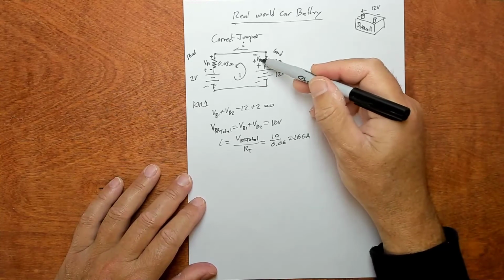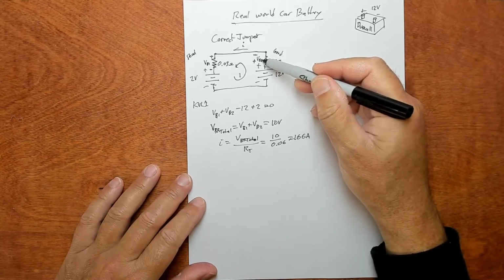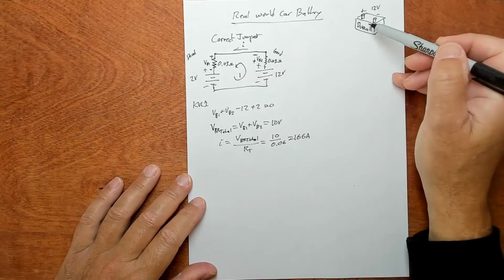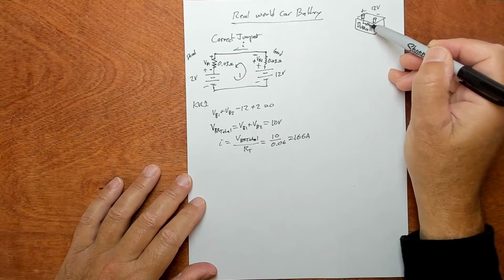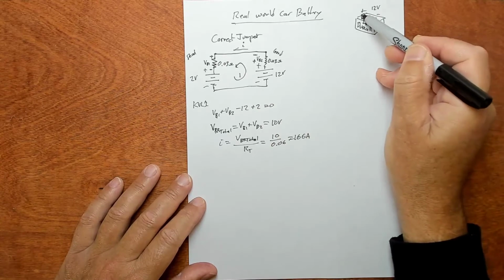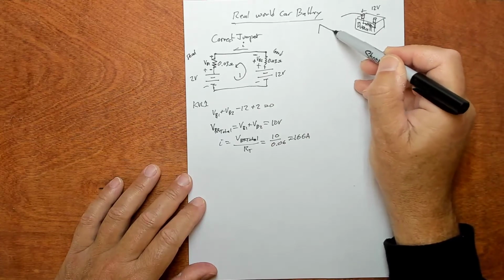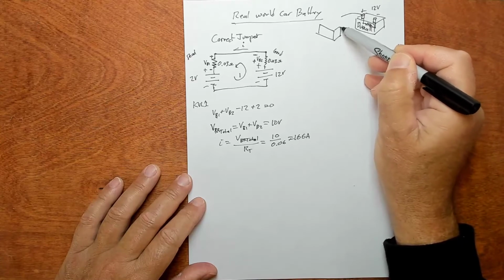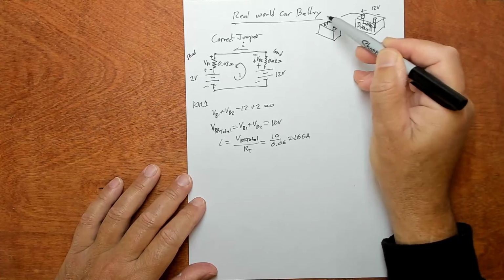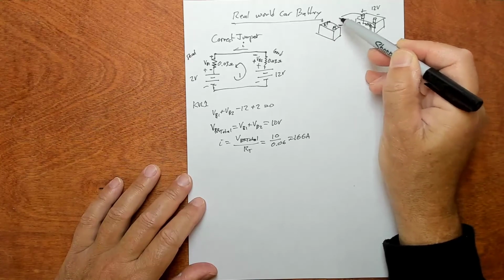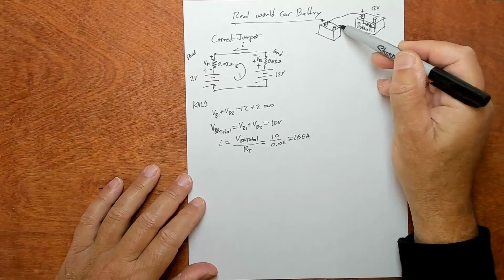This is inside this battery, these VB1s and VB2s. The internal resistance, it's in here really. And then we've hooked this up to another battery. Okay, and then the external terminals are plus and minus, and that's what we've hooked up here.